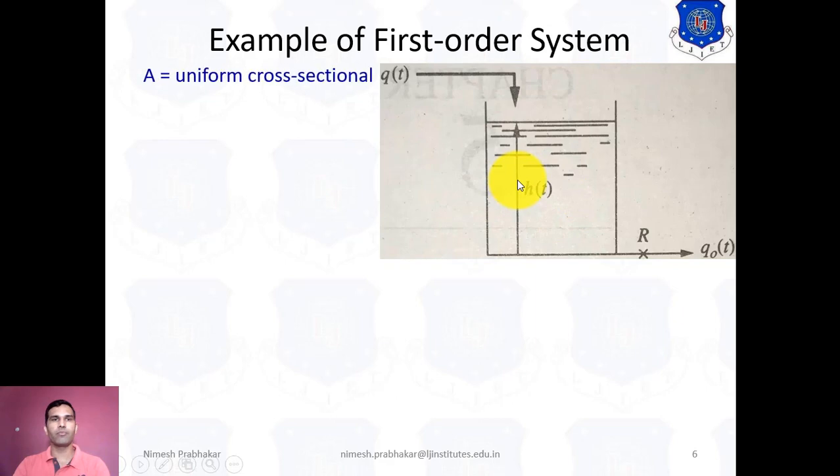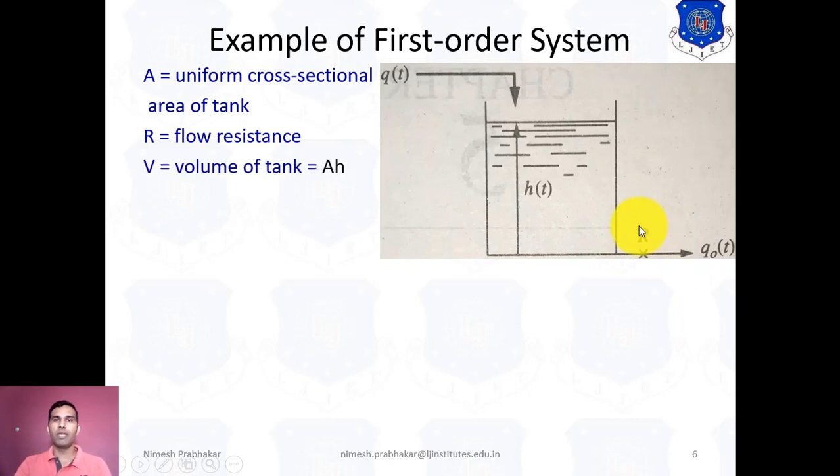In this system, A is the uniform cross-section area of the tank. R represents the flow resistance, that means the output flow resistance is R. V represents the volume of the total tank, so we can also write this volume in terms of area times height as A into H.